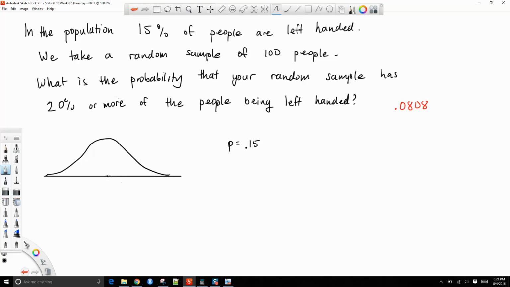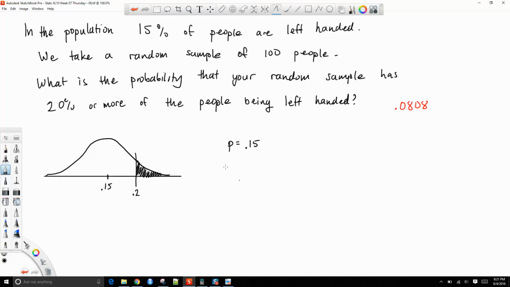So 0.15 goes in the middle, meaning whenever I take a random sample of people, I would expect around 15% of those people to be left-handed. Maybe I get a few more than that, maybe something less, but overall around 15% will be left-handed in our sample. And what we want to know is the probability that I get 0.2 or more. So I want to know what's this area over here.